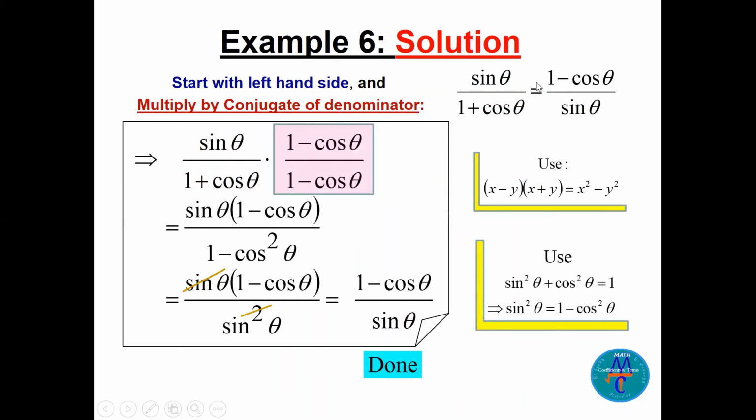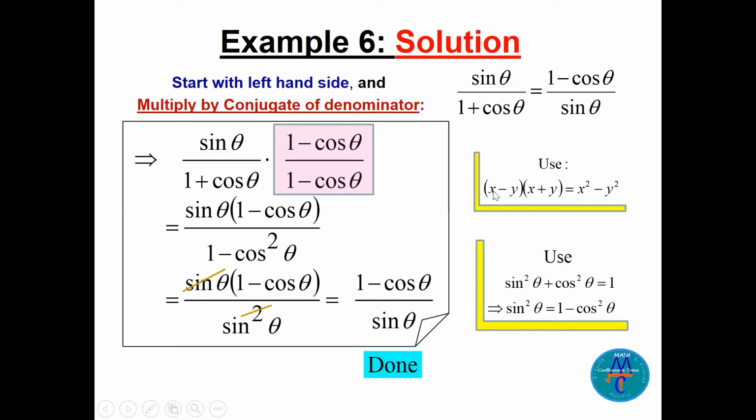So I start, this is the question here. You can start with the right side also. I will start with the left side. See, here we have sine theta divided by 1 plus cosine of theta. I will multiply up and down by the conjugate. I will show you why we do that. Now, sine of theta times 1 minus cosine of theta, leave it. And here we have a formula, right? 1 plus cosine of theta, 1 minus cosine of theta. This is like the difference between two squares.